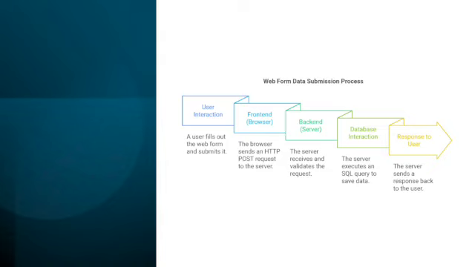So typically, when you have your HTML form, the user will fill out that form, and then when the user clicks on the submit button, the form will be submitted using an HTTP post request to the server. And then once this request is sent, the server receives the information.